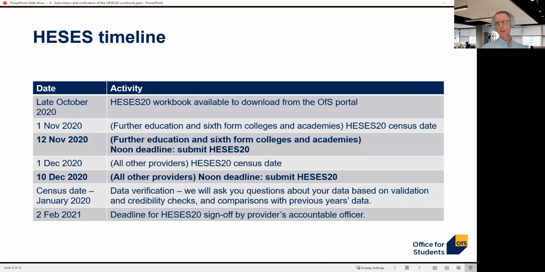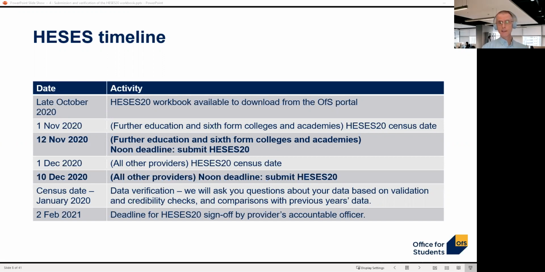As I've just mentioned, the workbooks themselves for each provider will be available to download from the portal in late October, and you can also see here the census dates, which were talked about a lot in the last session. As you'll recall, it depends on the type of provider. For further education at sixth form colleges and academies, the census date is the 1st of November. For everybody else, it's the 1st of December.